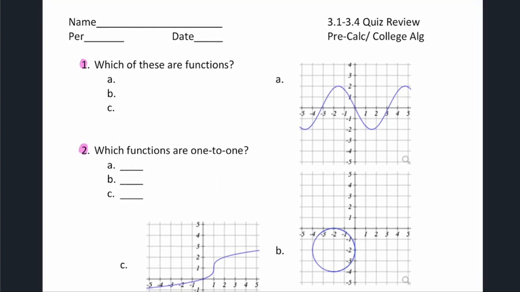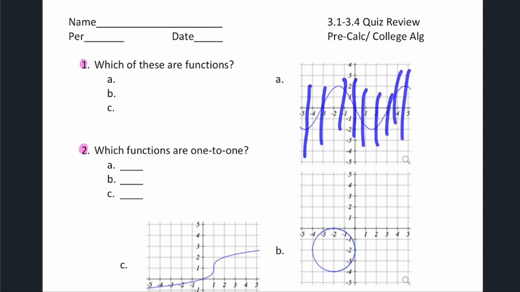So in problems 1 and 2, we're using the graphs that you see here to determine if they are functions, and then to determine if they are one-to-one functions. So remember, for something to be a function, it should pass the vertical line test. So you'll see all vertical lines hit that only once.